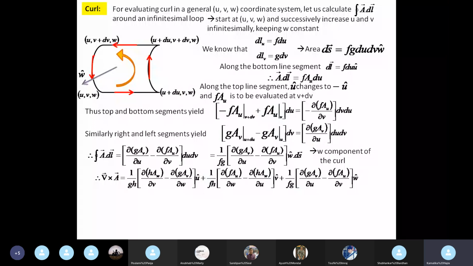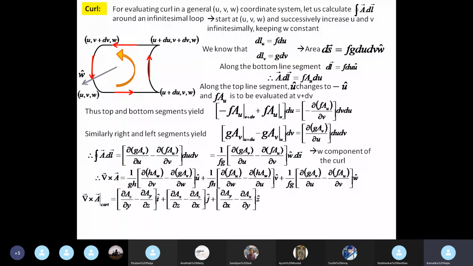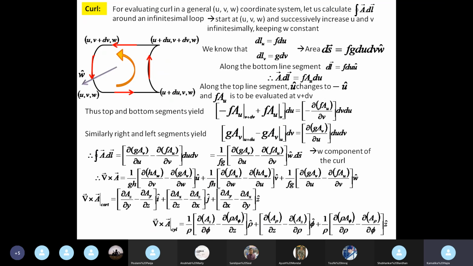If you know the values of F, G and H, you can write it down in the Cartesian system, and you can at once identify this because you know it. And since you know the values of F, G and H and U, V and W in the cylindrical system, you can also write down curl in the cylindrical system in this manner.